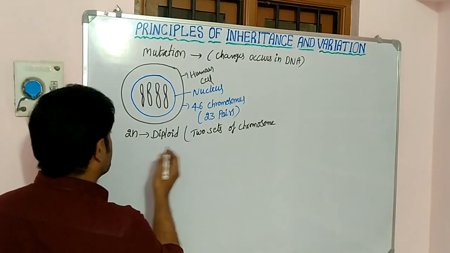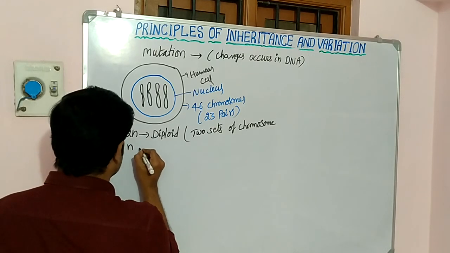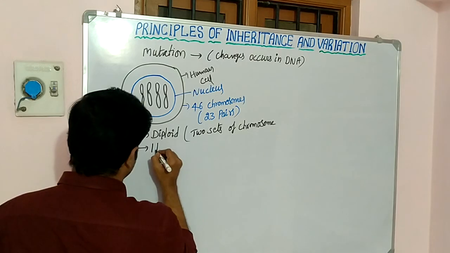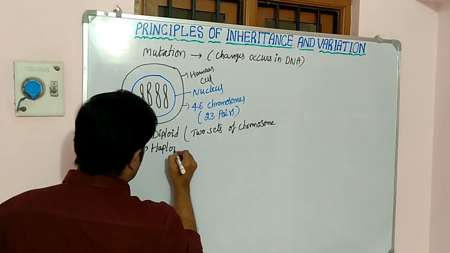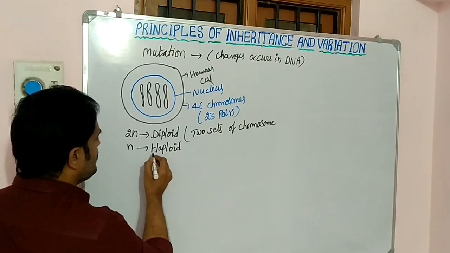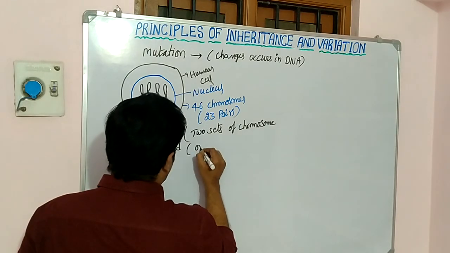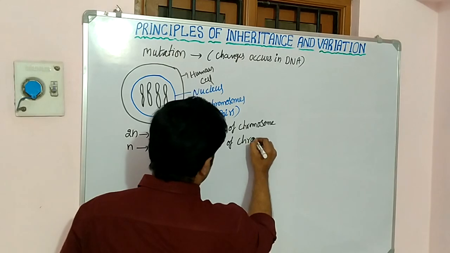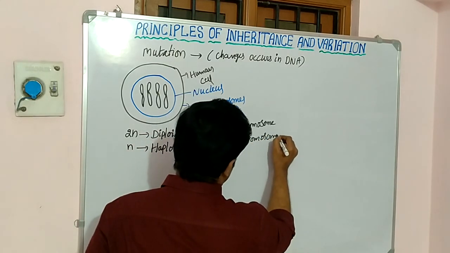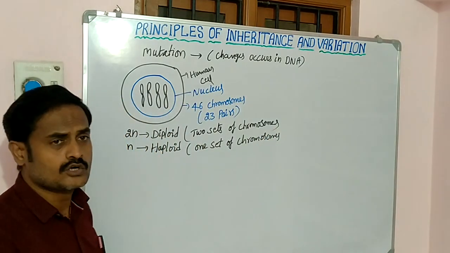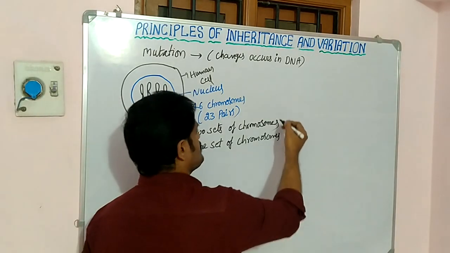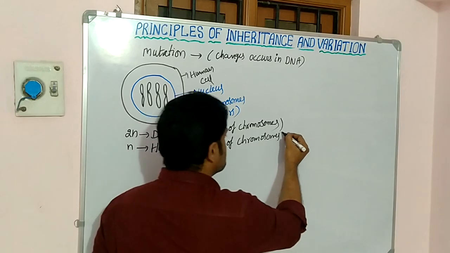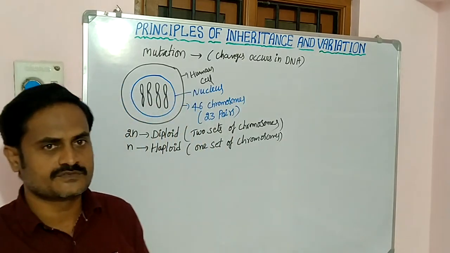So, what about haploid? n means n chromosomes, that is a haploid condition. Haploid means one set of chromosomes. Remember that. Diploid means two sets of chromosomes. Haploid means one set of chromosomes.